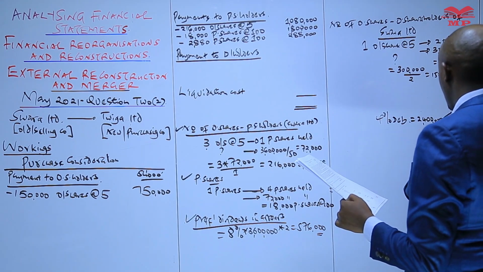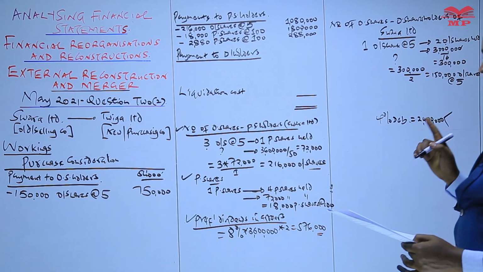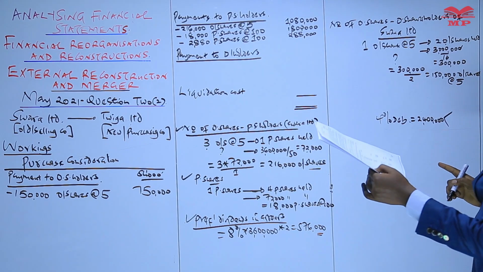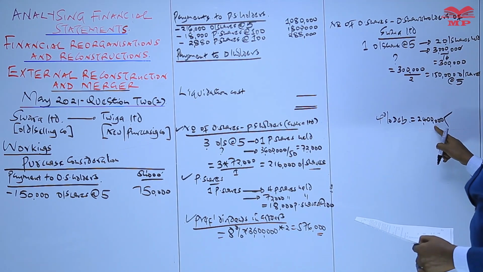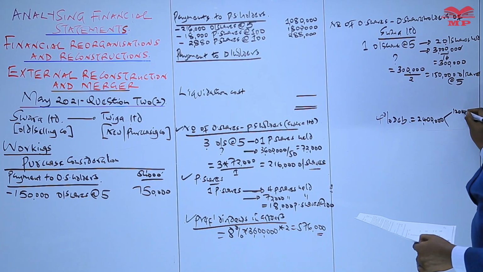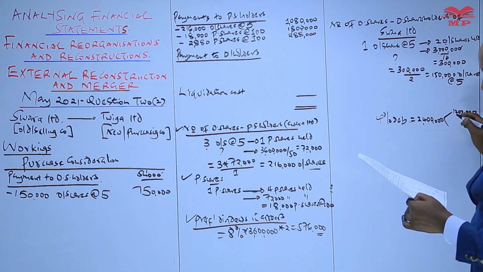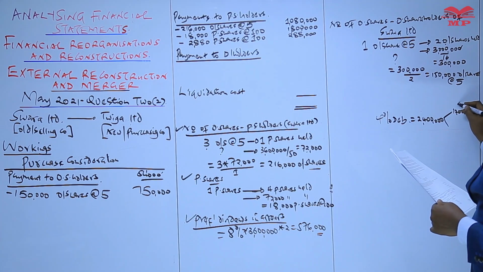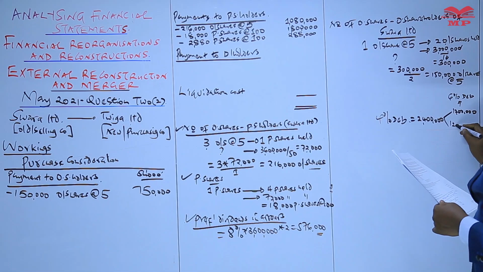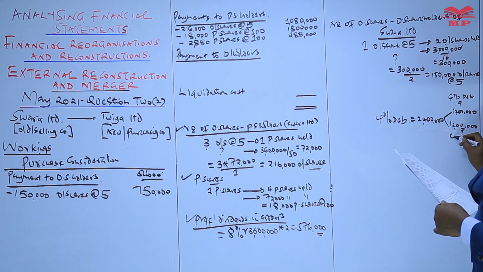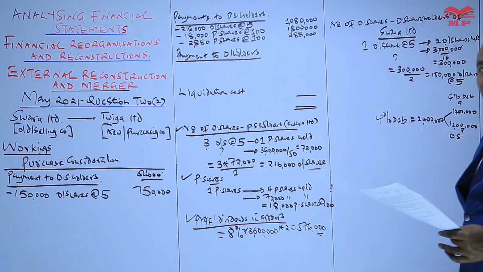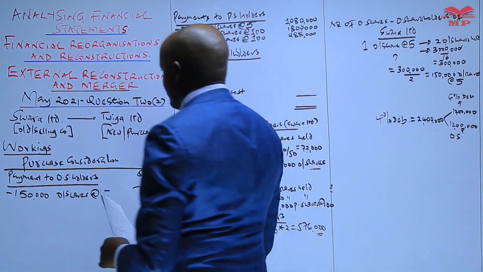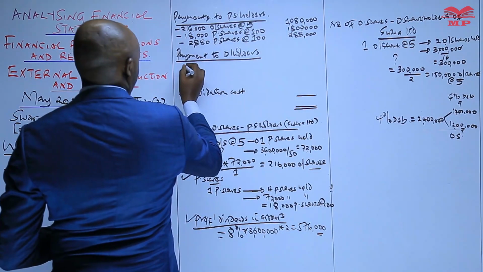We are told the debenture holders of Swara Limited will be paid half of this amount, which is 1.2 million, by being issued with 6% debentures by the new company, and then the balance of 1.2 million will be paid by being issued with ordinary shares.